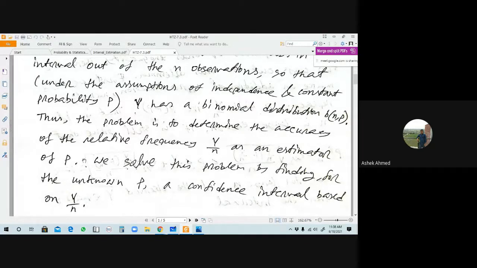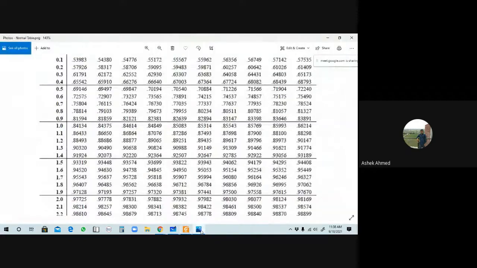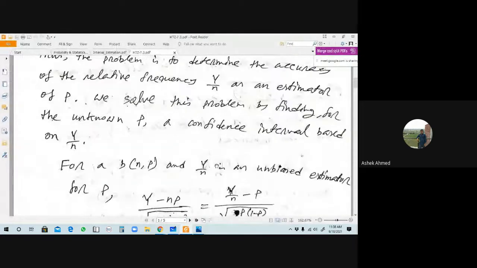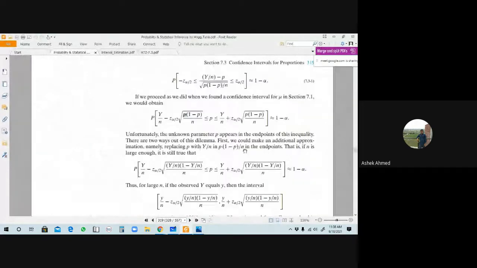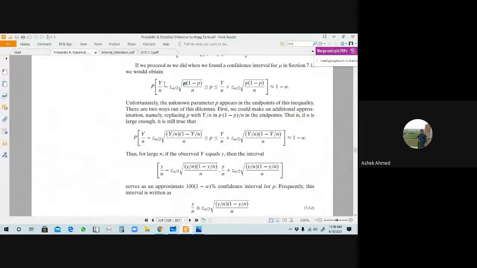Since the estimate of p is y by n, we replace p by y by n here. Then you will get this inequality.